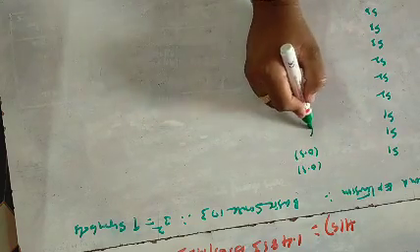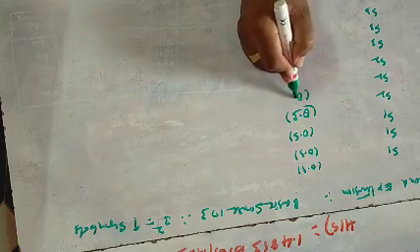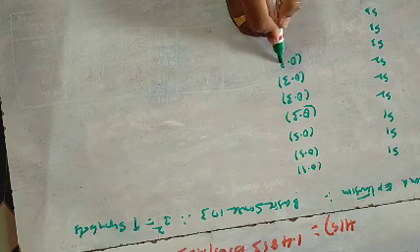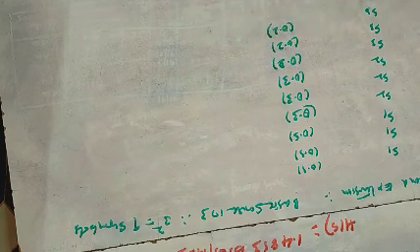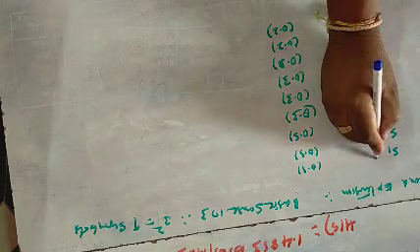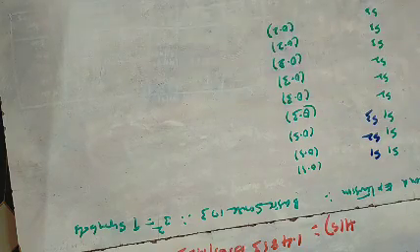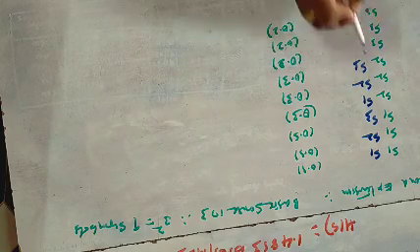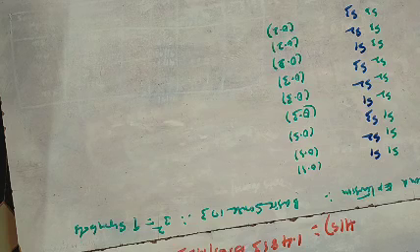S1 probability is 0.5, S2 is 0.3, S3 is 0.2. Again for the second extension, it will be S1, S2, S3. Similarly for S2 also it will repeat S1, S2, S3, and again S1, S2, S3. This is how we get the second extension.